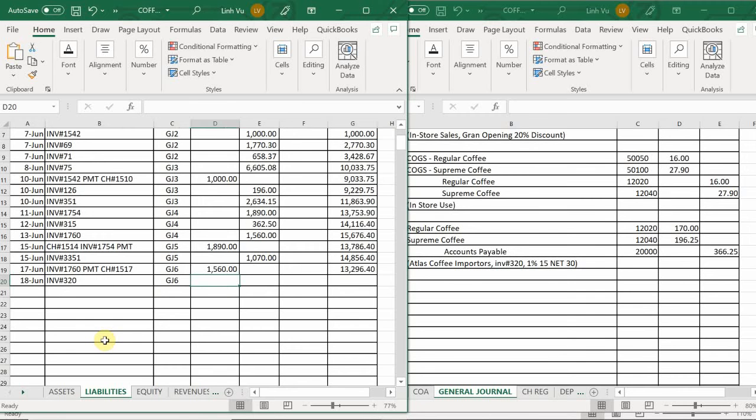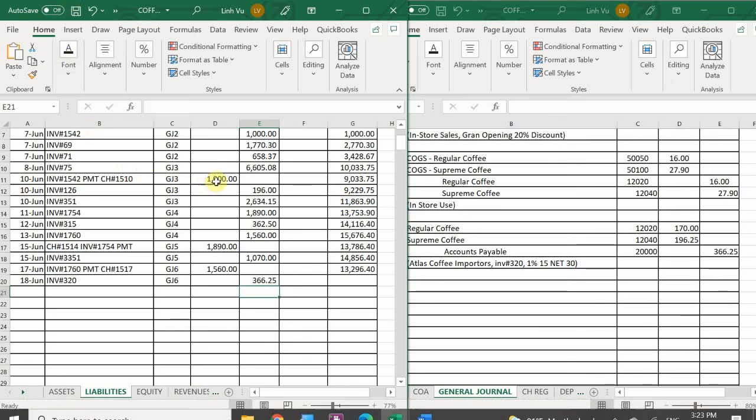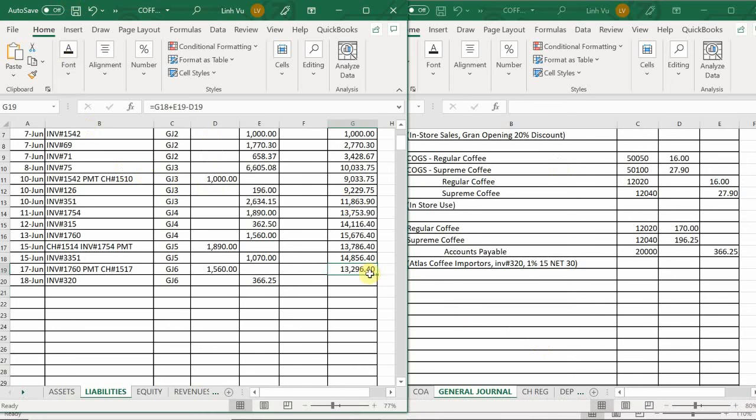And we have the credit, 170 plus 196.25. It is 366.25. Good. Excellent.